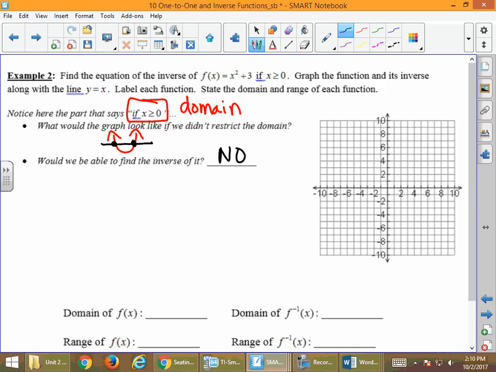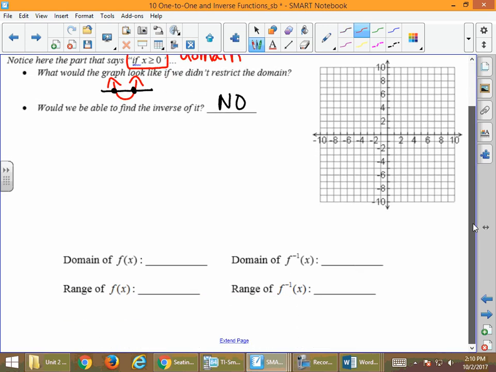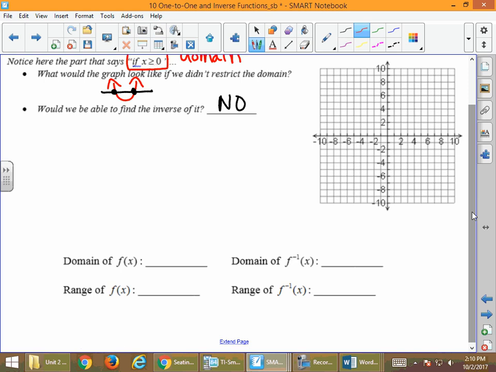But the nice part about this is, given that domain, which is x is greater than or equal to 0, we can fill it in right now. 0 to infinity is our domain. And if you're really thinking about it, you can fill in one more blank right now. But we'll fill it in eventually.